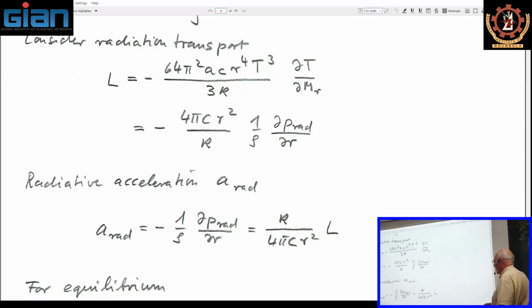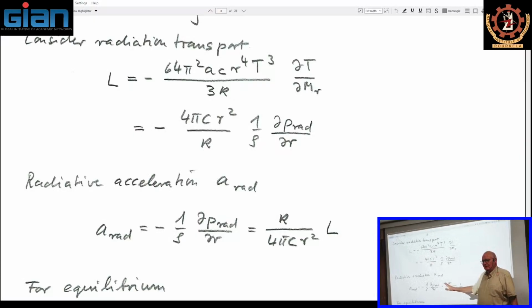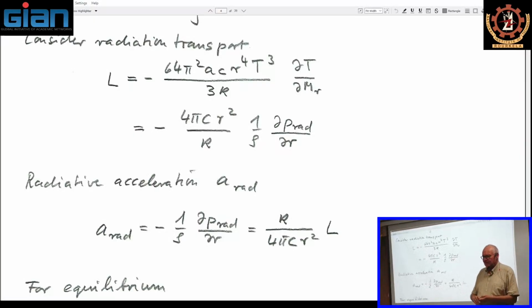So for equilibrium, we need that the radiative acceleration should be smaller than the gravity. If radiation pressure is already bigger than gravity, then in addition, the contribution from the gas pressure gradient will always exceed the gravity, so the maximum is gained once the radiative acceleration is equal to gravity. This is the maximum which we can have, otherwise we will not find an equilibrium.